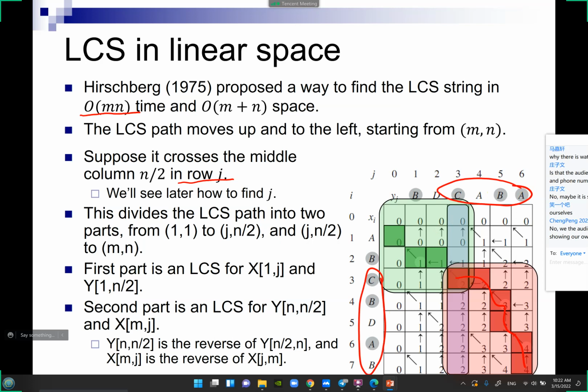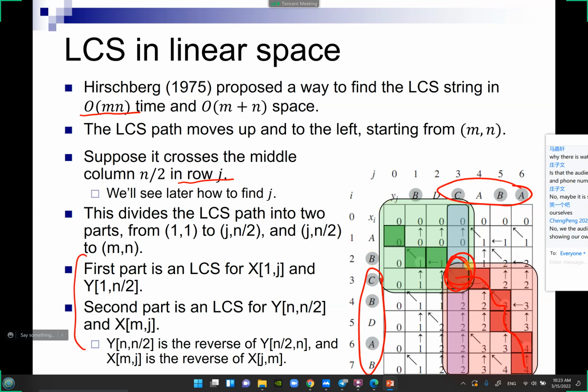So what that means is that if we can find this central location J, then we can split the overall problem into two parts, and we can solve each part recursively. Basically, I wrote that out over here. The first part, this green part, is an LCS for the string X going from the first letter to the jth letter.